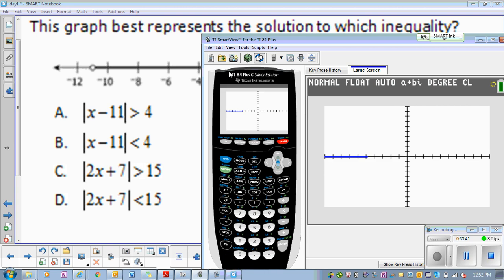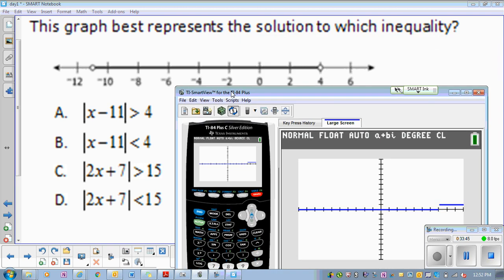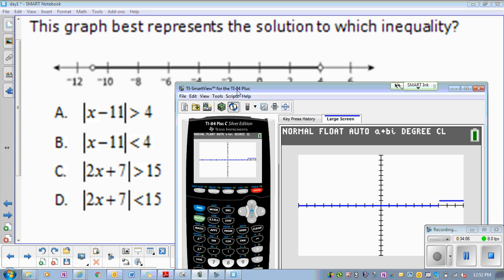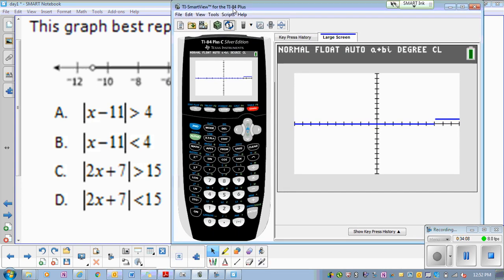See if it looks like your graph. Whoa. Is that this graph? No. Negative 10 all the way to 4. You have to remember yours only goes to negative 10, but it stops at 4. 1, 2, 3, 4. No, because this goes past 4. B's out.